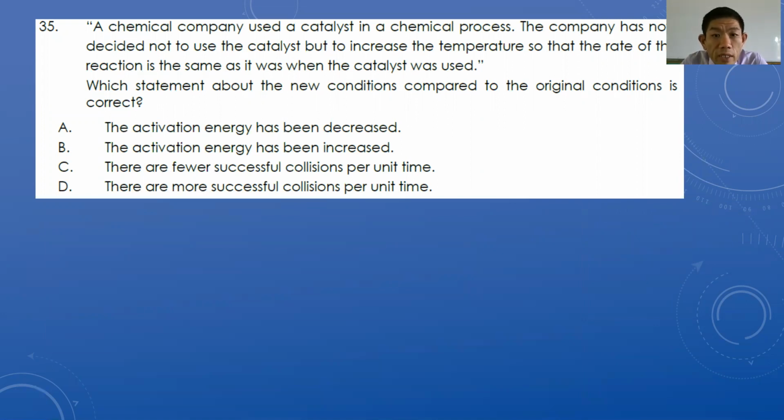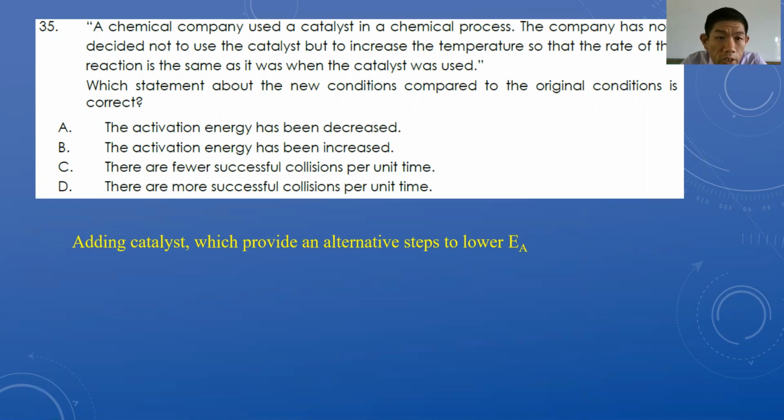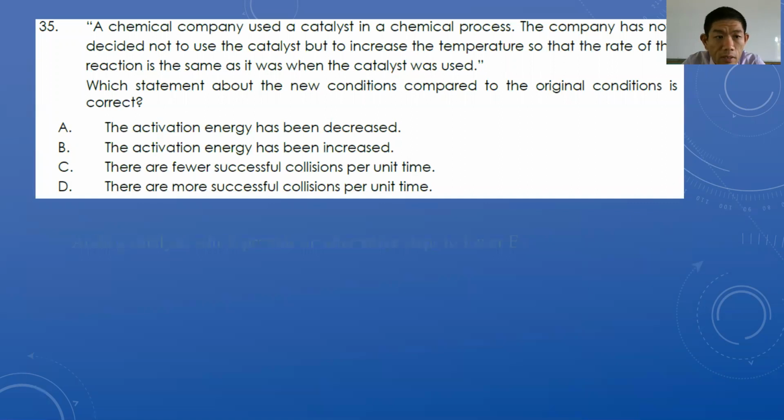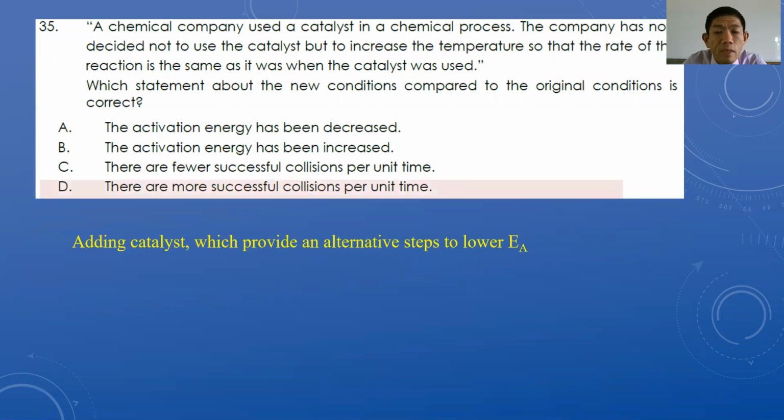A, activation energy has decreased, which is wrong, because adding a catalyst would lower the activation energy, so the activation energy now will not change. When you increase the temperature, there will be more successful collisions per unit of time. So the best answer is D, not A.